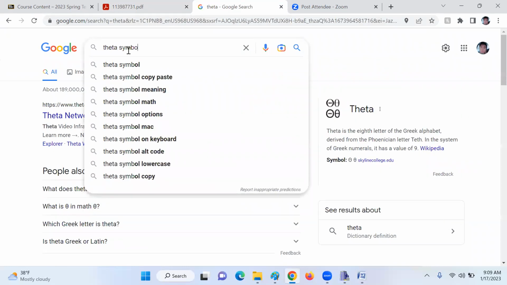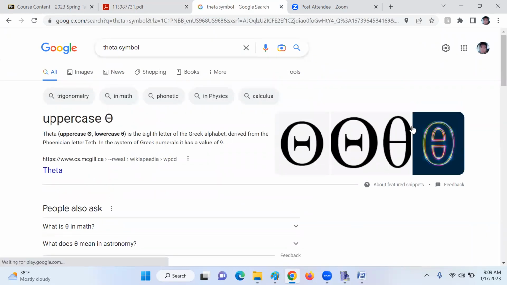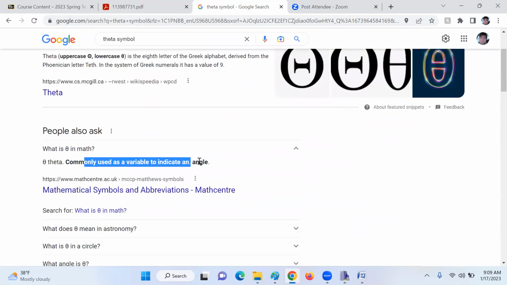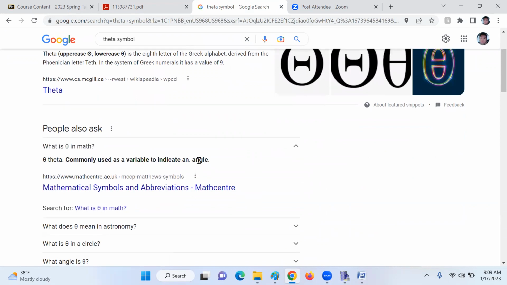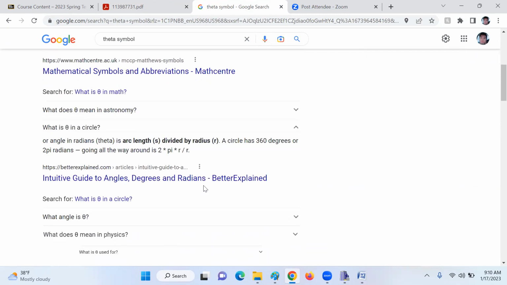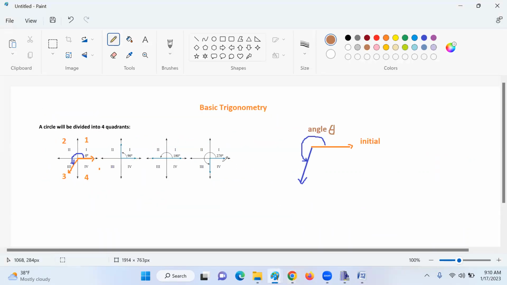Theta is actually a mathematical symbol, and it goes like this. Theta is commonly used to indicate an angle, and you can look up the explanation online. We're not going to look at the astronomy perspective, so we're going to skip that part.